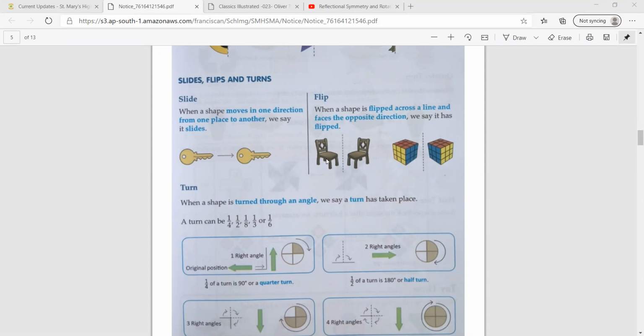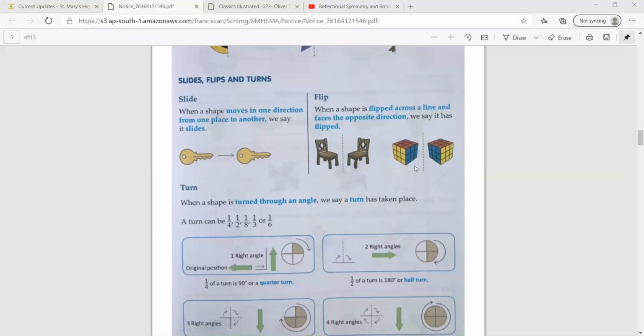So what is the meaning of flipped? It has been brought to this position, okay, and it is facing the opposite direction. So first the chair was facing that side. Now it is facing this side, and that type of movement is called flipping. So it has been brought across a line to this side, and faces the opposite direction.